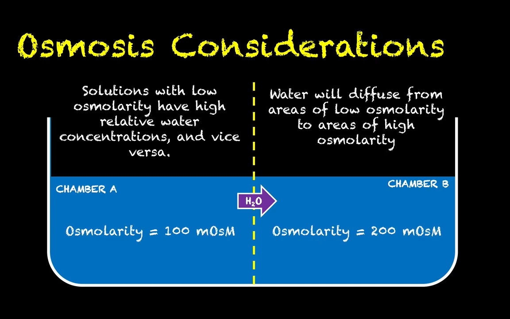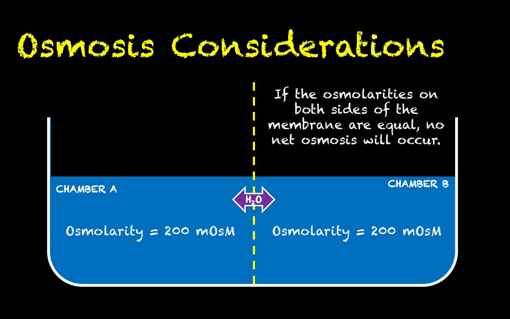So what this is going to mean is that because there is a water concentration gradient here, and since presumably none of the involved solutes are going to move, water will diffuse from the area of low osmolarity to the area of high osmolarity. So from left to right, chamber B would increase in volume, and chamber A would decrease in volume. Look at this situation instead.